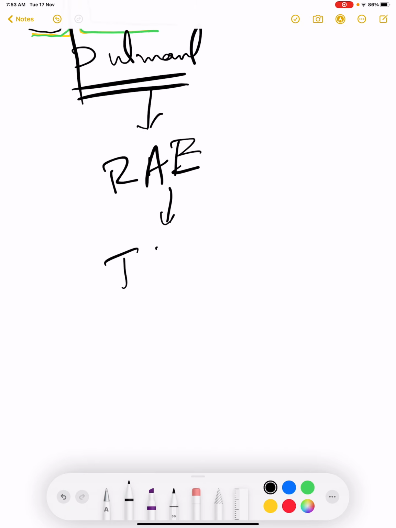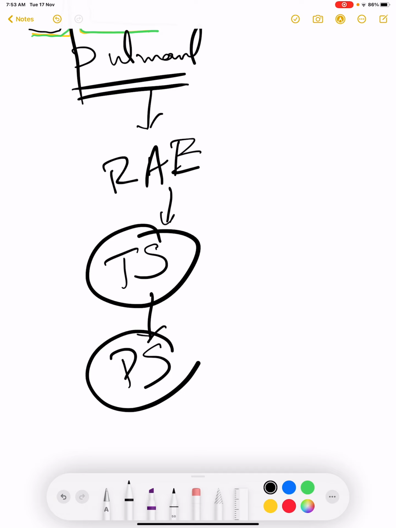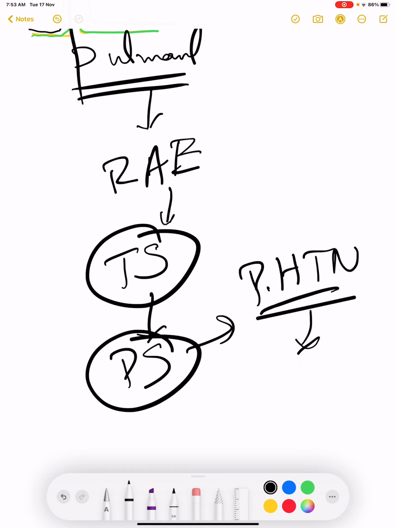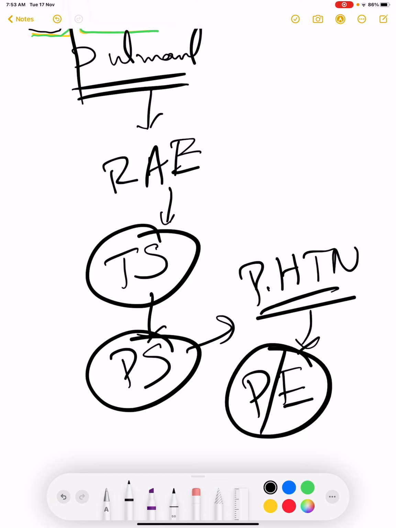And why right atrial enlargement? There might be tricuspid stenosis, or pulmonary stenosis, or pulmonary hypertension, or we can think of pulmonary embolism. So just by looking at the P wave, we can think about so many differential diagnoses.